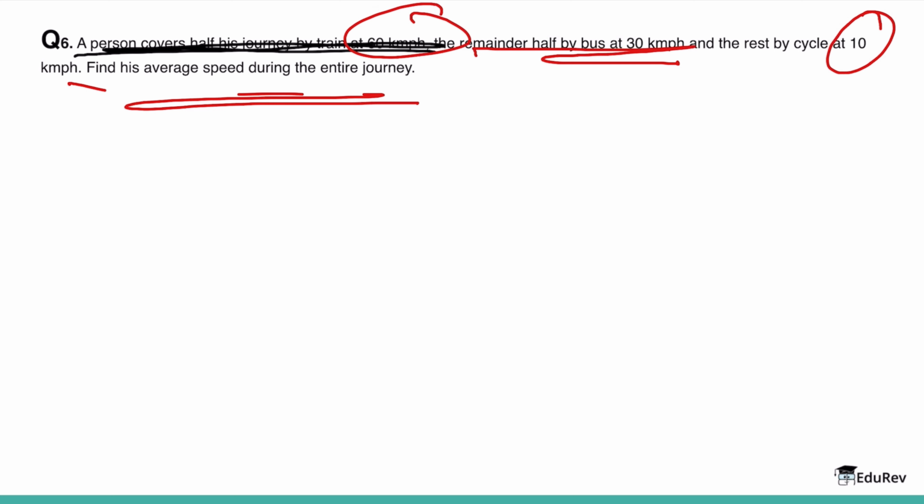Hence we can use a shortcut. The average speed of the second half of the journey is going to be 10 plus 1 times 5, that is 15 kilometers per hour.